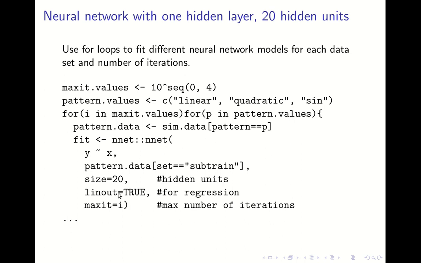We use this linout equals true parameter in this function to tell it that we're doing a regression rather than a classification problem. And finally, we do maxit equals i, which means that we want to use i as the max number of iterations. And that's going to be another hyperparameter that controls how much overfitting that we can do. So let's see what happens when we do that.